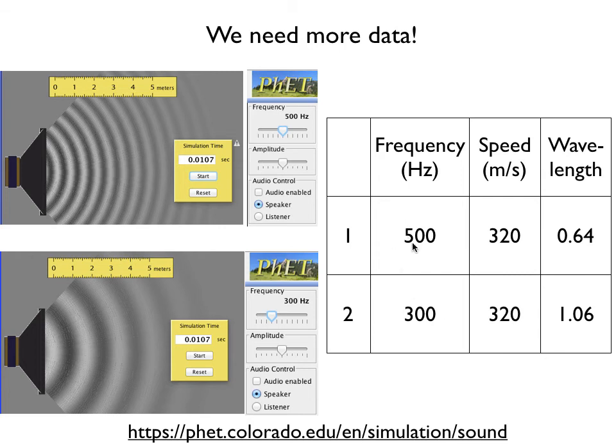A 500 hertz wave has a wavelength of 0.64 meters, and our 300 hertz wave has a wavelength of 1.06 meters. We can plug these into different equations and figure out which one is the accurate equation that represents the relationship between frequency, wavelength, and velocity.